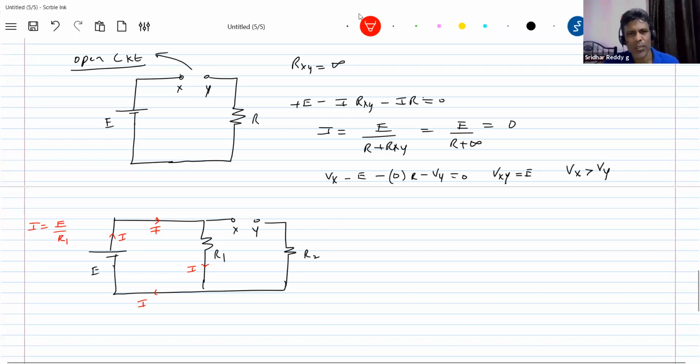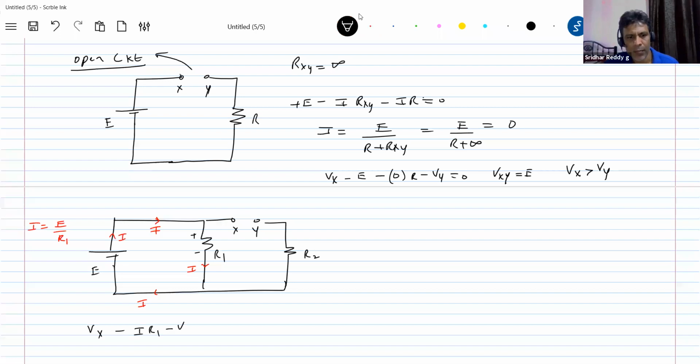Just take the help of KVL. Vx, the current enters and leaves, minus IR1 minus 0 into R2 minus Vy equals 0. So Vxy is equal to IR1, and IR1 should be equal to E.